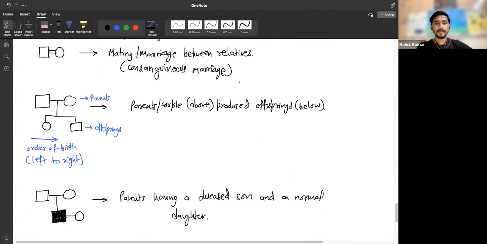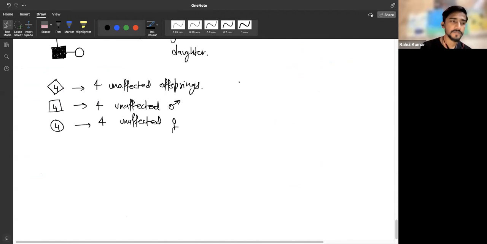So, understanding pedigree analysis, genetic disorders are of certain types. Just like genes are of different types, they can be dominant genes, autosomal genes, sex-linked genes, or recessive genes, right? Let's start with the first concept: autosomal dominant disorder.